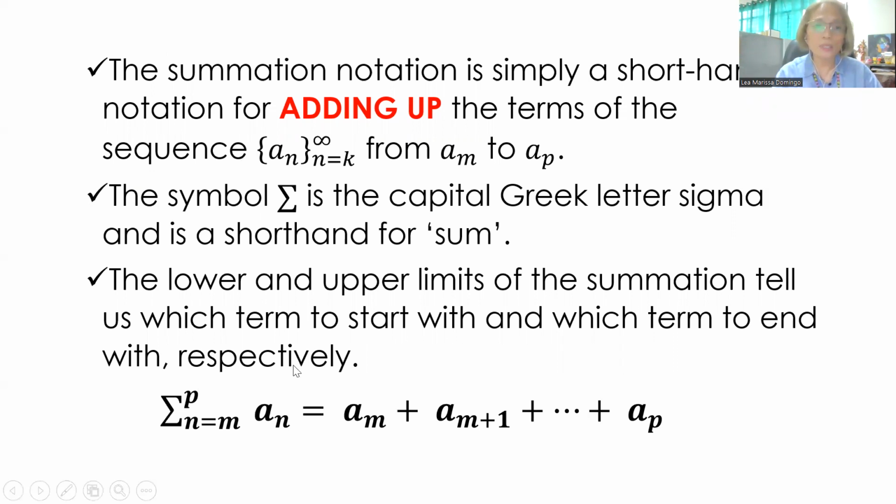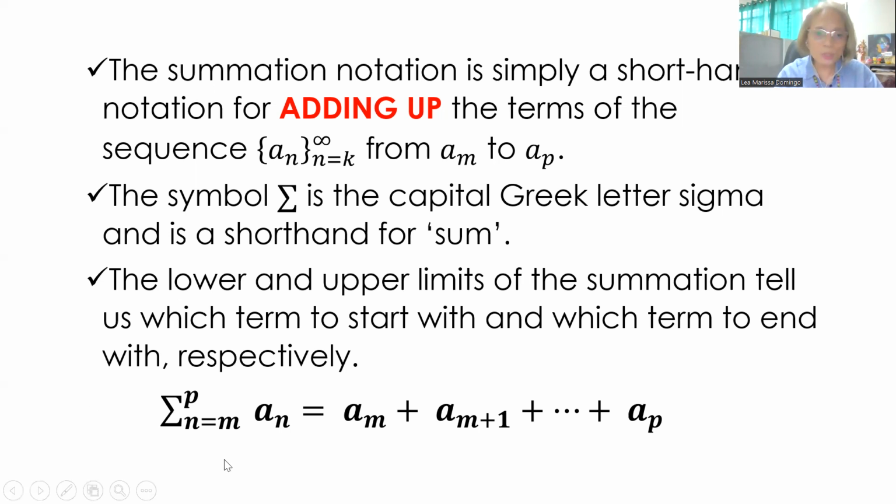Again, as I mentioned earlier, so we have the upper limit and the lower limit. So, m, yung lower limit. Okay, m is the lower limit. And p is the upper limit. So, yung a sub m, siya yung first entry sa sequence. At yung a sub p, siya yung last entry sa sequence. Okay? So, the lower and the upper limits of the sigma notation tell us which term to start with and which term to end with.